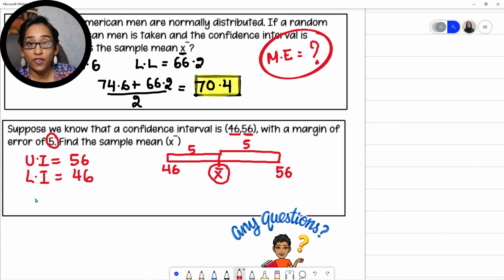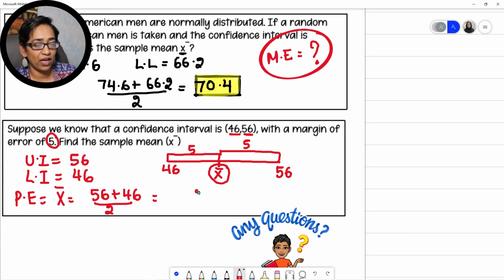And I'm trying to find my point estimate or the sample mean using one single formula. It is my upper limit plus lower limit divided by 2.